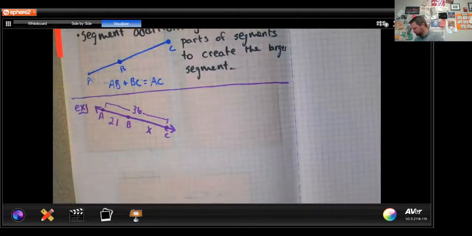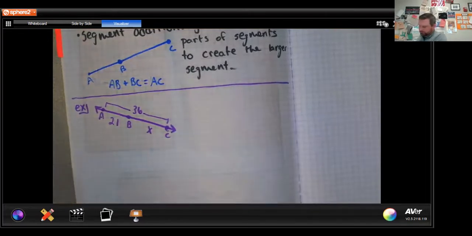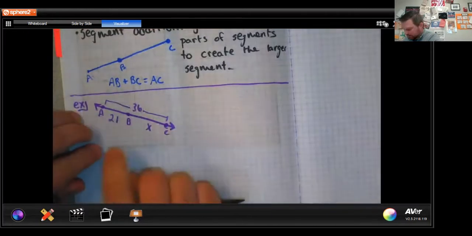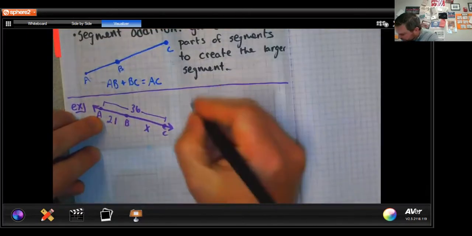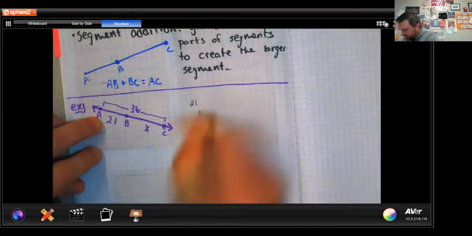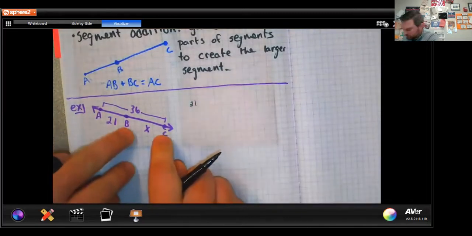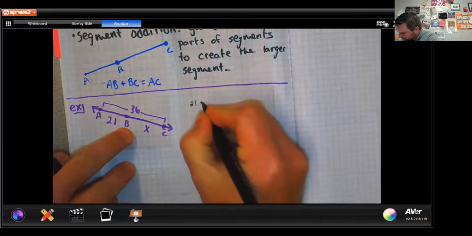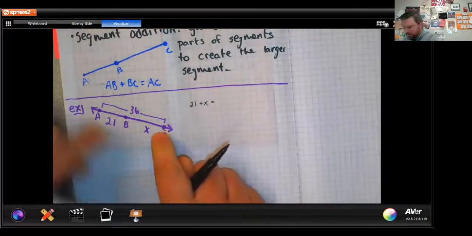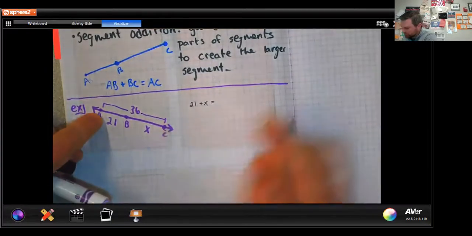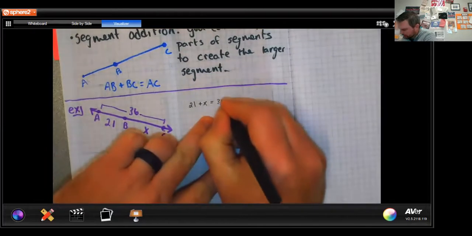So I'll switch to a pen that I can write with. Okay, so using the segment addition up here, if I take this little piece, which is 21, and add it to this other little piece, which is X, I will get this whole thing, which is 36.